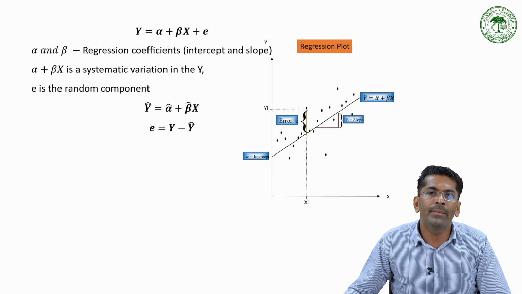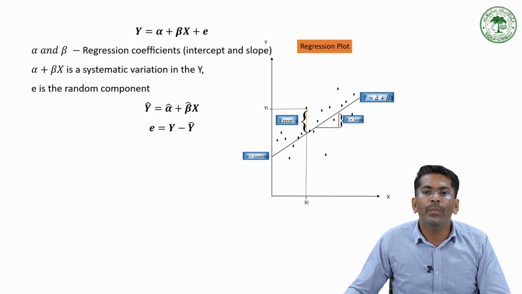On the x-axis we are considering the independent variable, and on the y-axis the dependent variable, and this is the estimated regression line, that is y hat equal to alpha hat plus beta hat x, and the slope of this line is captured by beta hat. The vertical difference between these two points represents the error term, that is the difference between y and y hat. And alpha hat is the intercept term.